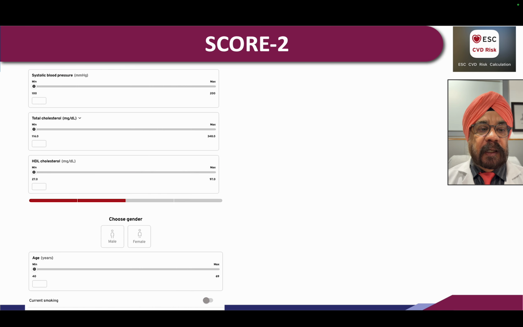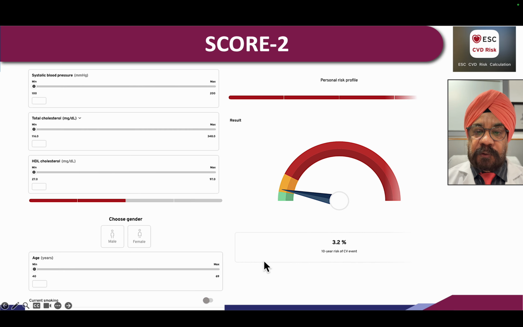Then you are asked to give systolic pressure, total cholesterol, and HDL cholesterol, choose the gender, choose the age, and whether you are smoking or not. Based on that it calculates the risk of developing CVD, and this is the cumulative or total risk we are calculating, not the fatal MIs, right?